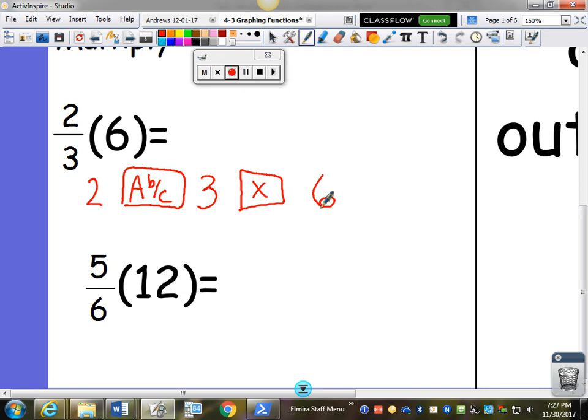So 2 ABC 3 times 6 would equal 4. And 5 ABC 6 times 12 would equal 10. And you can use the parenthesis keys on your calculator, or you can use the times key. The calculator understands that parentheses and times key both mean multiply, so you can use either one.